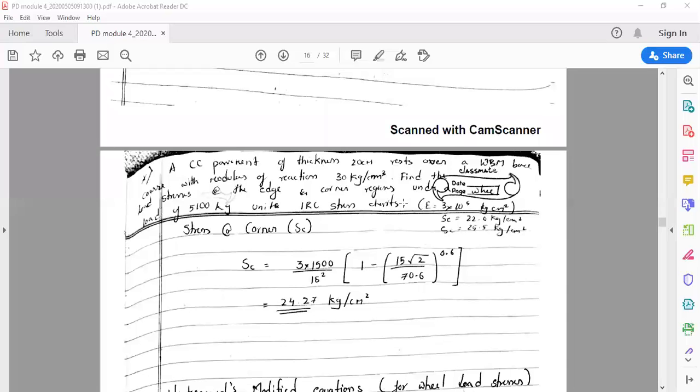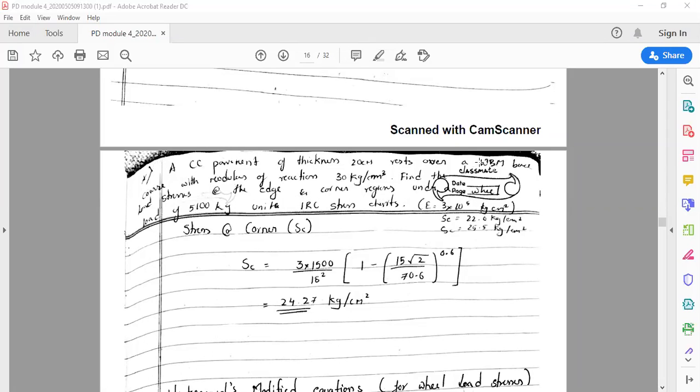Okay, so these are the given data. Thickness of the slab is given, H value is given, K value is given, modulus of subgrade reaction that is 30 kg per centimeter cube, and wheel load is also given, that is 5100 kg. And one thing that will remain constant here is the value of A. A is nothing but the radius of contact made by the wheel, that we will take as 15 centimeter.